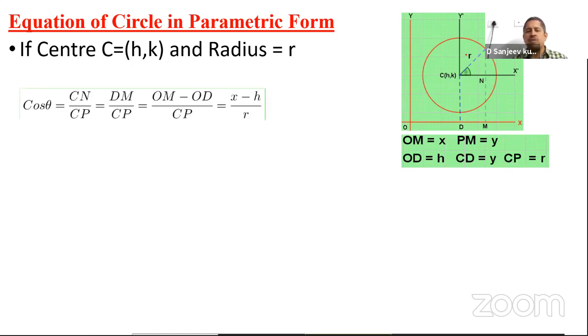Now we take this triangle here, PCN. In this triangle PCN, if you are not able to see, just try to zoom in; you can see it a little bigger. Now, PCN is a right angle triangle. Do you agree with it?